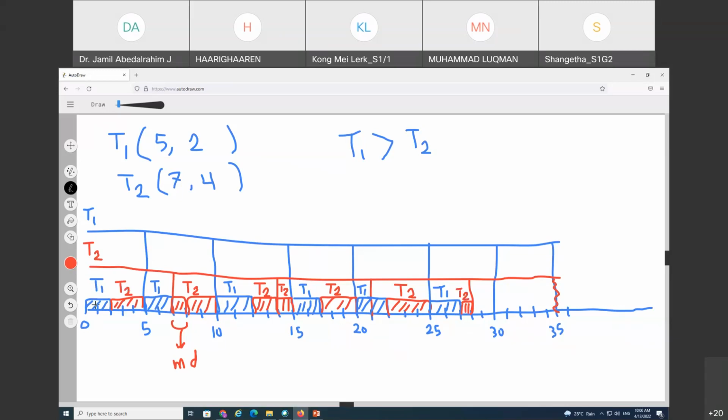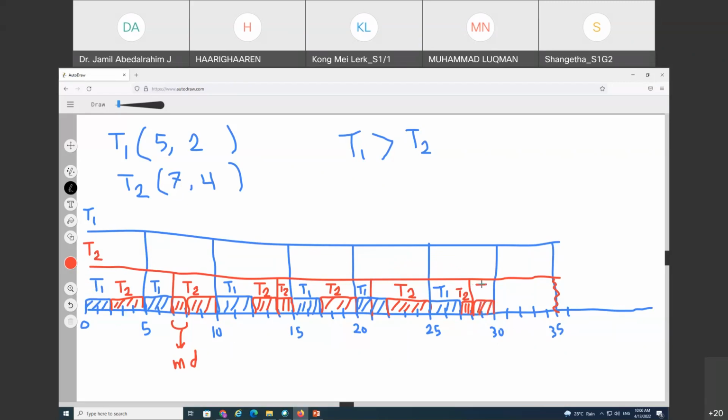Start with task 2 because this period is done, so there's a new period of task 2. How many units can we execute here? 2 units.